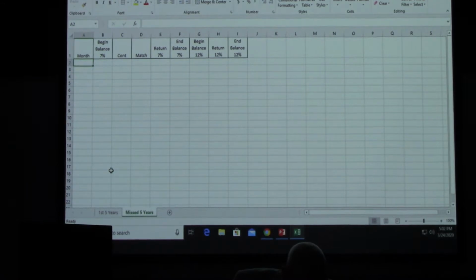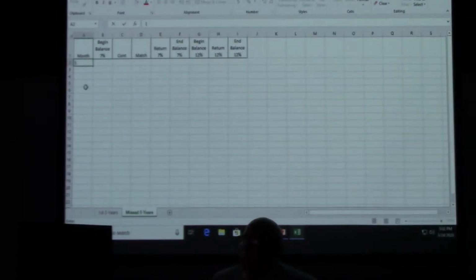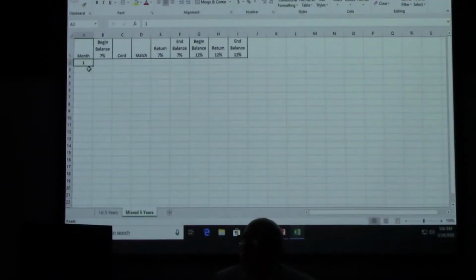How much will he have accumulated, assuming the 7% through age 65? So let's call this month number 1. Let's put a border around it and center it, and call this number 2. And then let's scroll down.